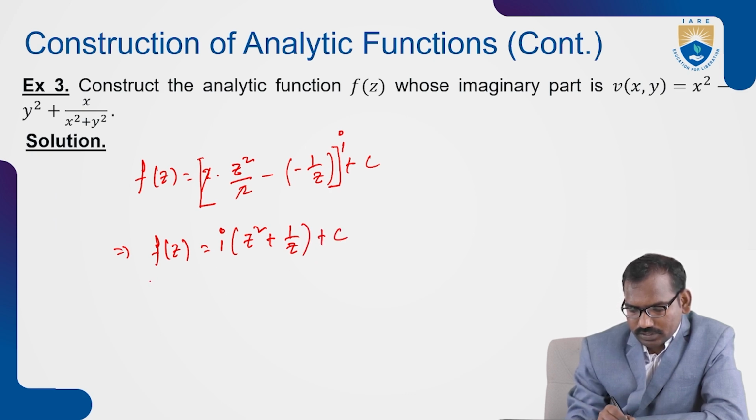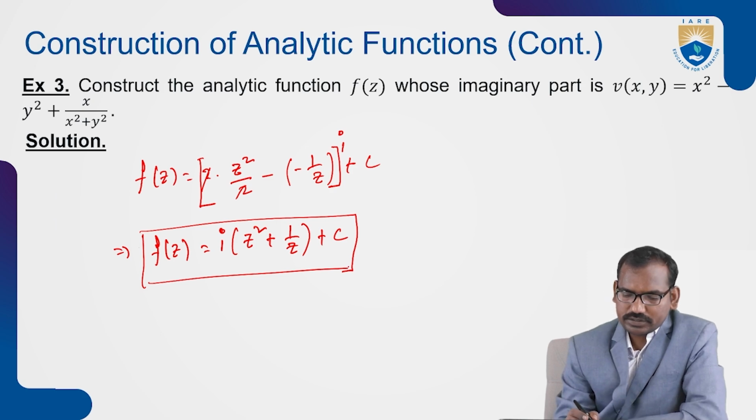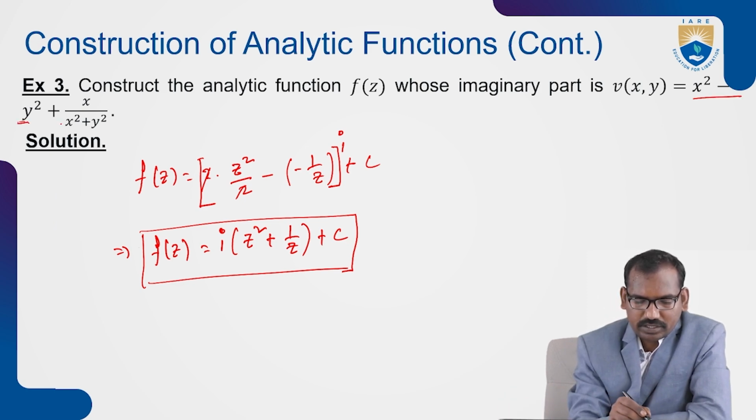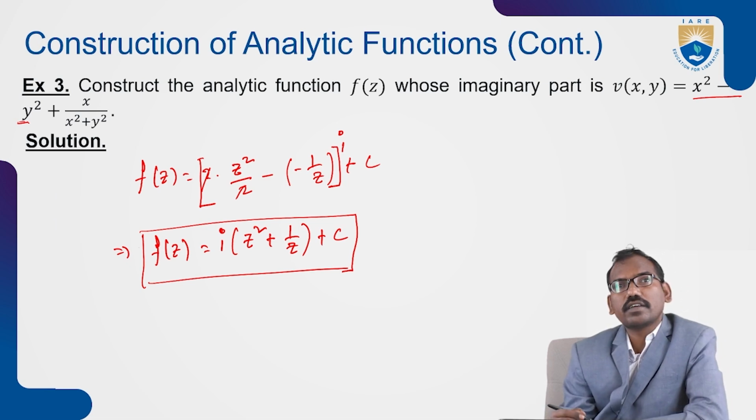So this is the required analytic function of z whose imaginary part is x square minus y square plus x by x square plus y square.